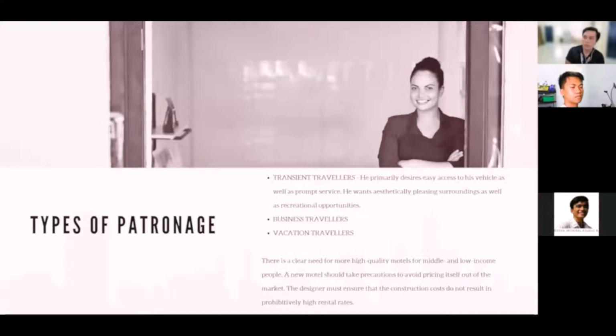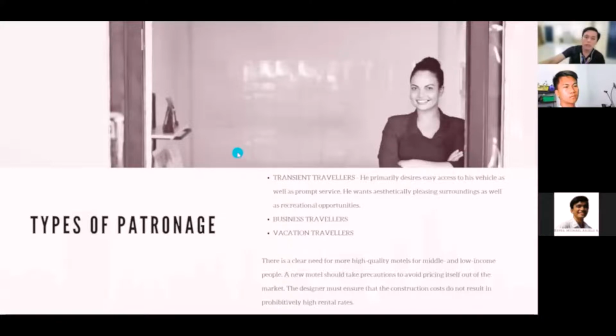It's either these 3 types of people who are caught on the road, so they just need a temporary lodging for the night. Transient travelers are either staying for the night or spending their vacation in the motel. That's why some motels provide recreational opportunities in their structure, like swimming pools, gyms, saunas, and baths.